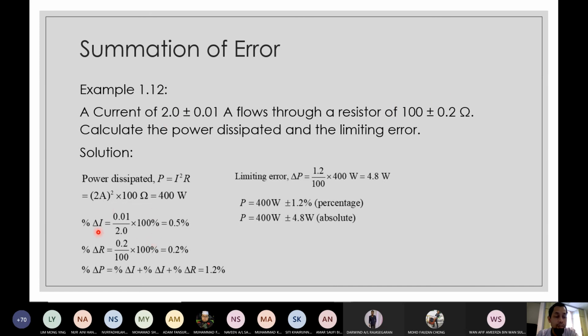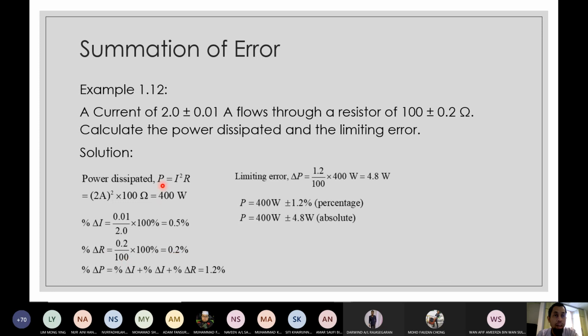And the limiting error for the current is 0.5%, because 0.01 divided by 2. And the limiting error for the resistor is 0.2 divided by 100, 0.2%.